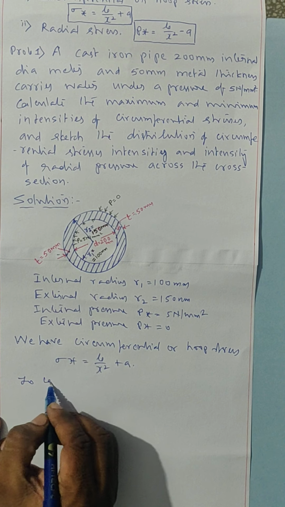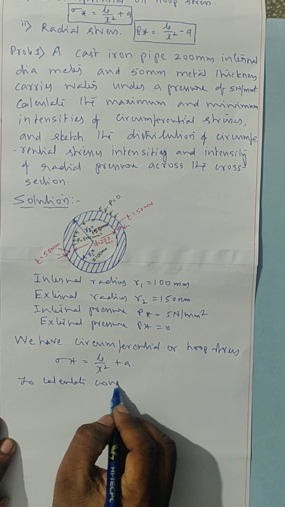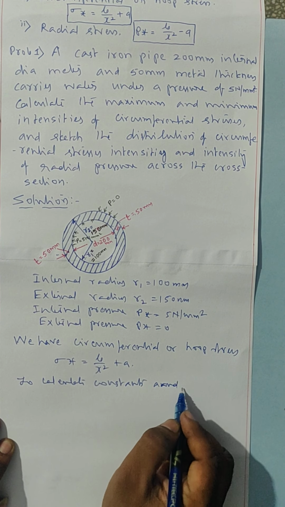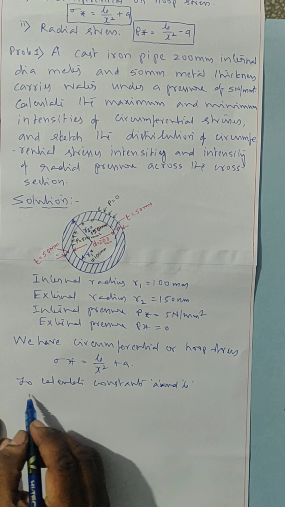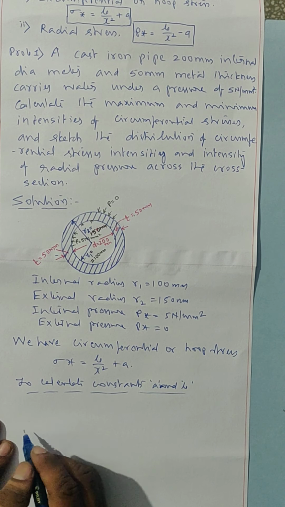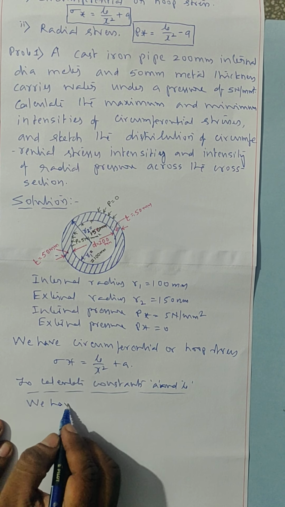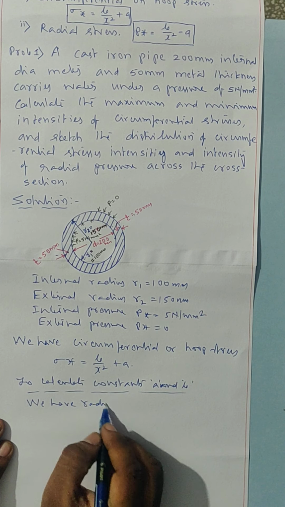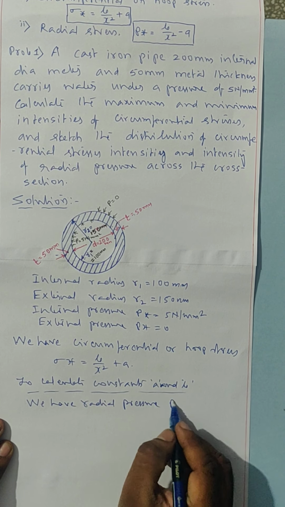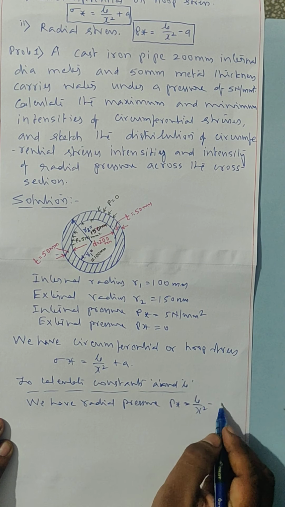To calculate the constants a and b, we have the radial pressure equation: Px equals b by x square minus a.